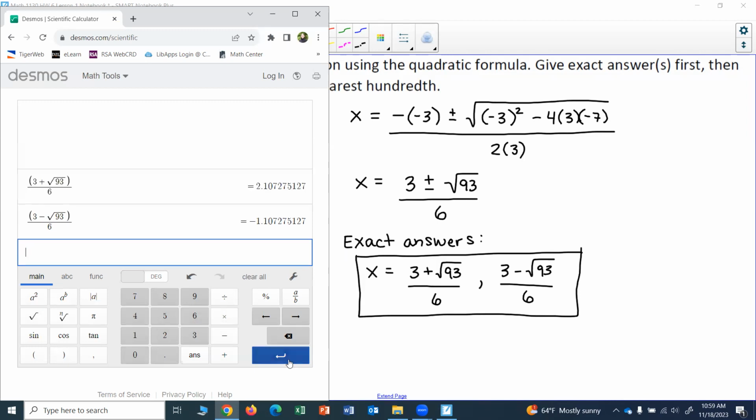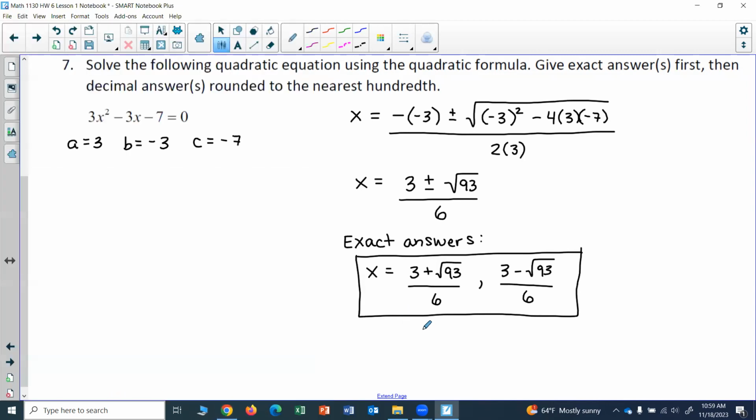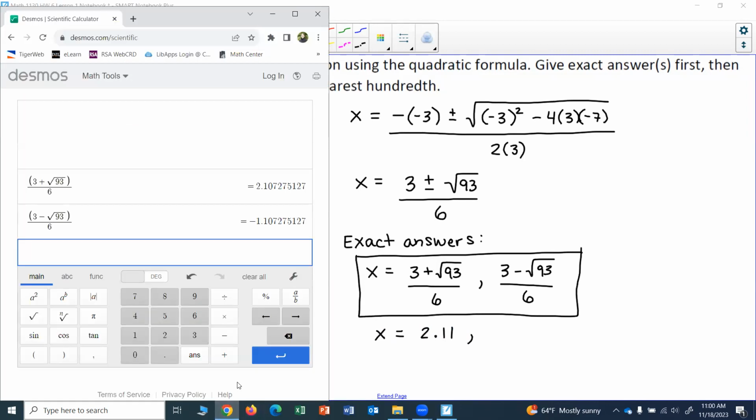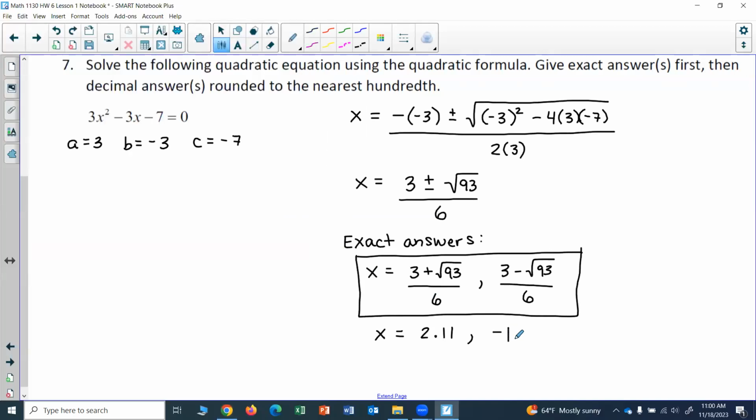And they say round to the nearest hundredth, so the 2 decimal places. So I'm going to get 2.11, and negative 1.11. So these are my decimal answers.